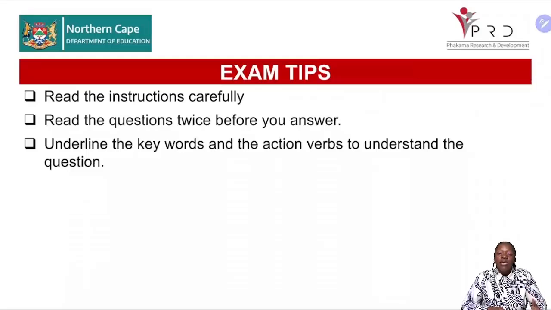For example, if the question is saying discuss, you cannot write just 2 words because you haven't discussed anything. And if the question is saying state, you cannot give a 4-line answer because they are only looking for one item or one answer. Then you underline the keywords as well as the action verbs.